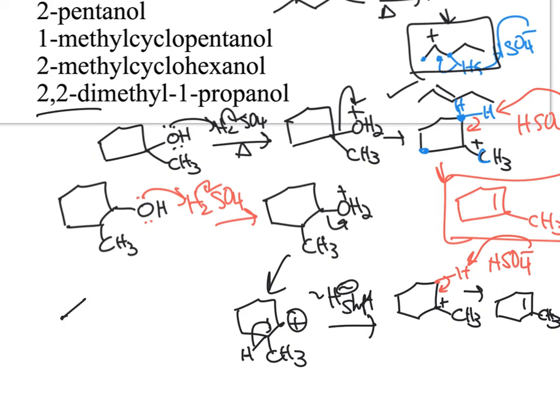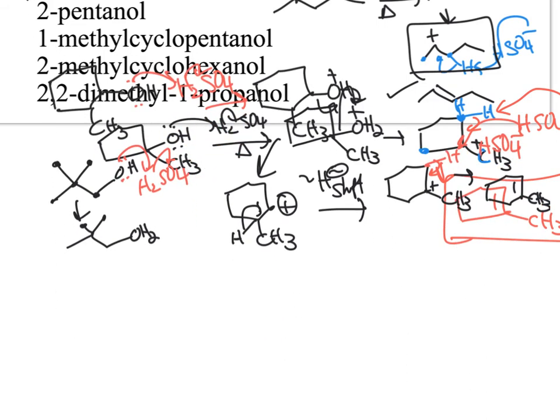Okay, the next one, 2,2-dimethyl-1-propanol. So we protonate the alcohol. And then that's a good leaving group.